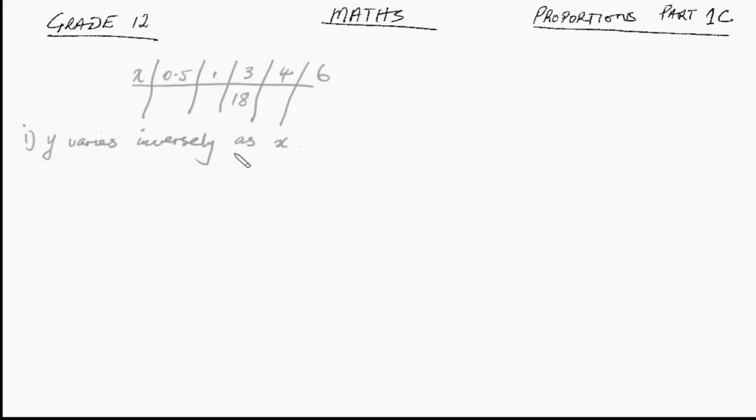Let's say this is the question that you have. So how do you go about it? If they say complete the table, that means you are going to find the missing values of y when x is 0.5, y when x is 1, y when x is 3 has been given for you, then y when x is 4, and the value of y when x equals 6.